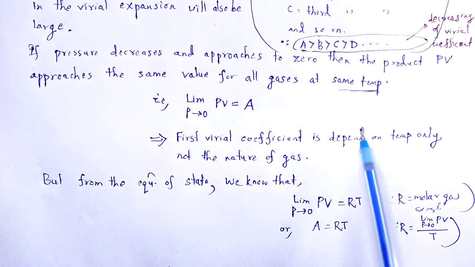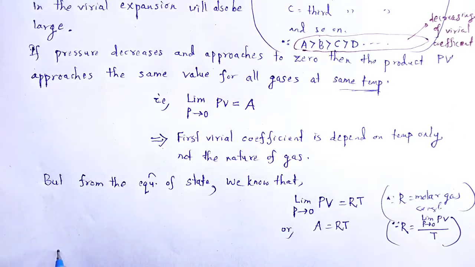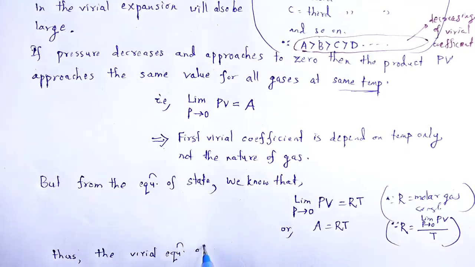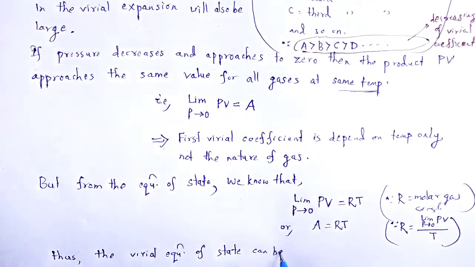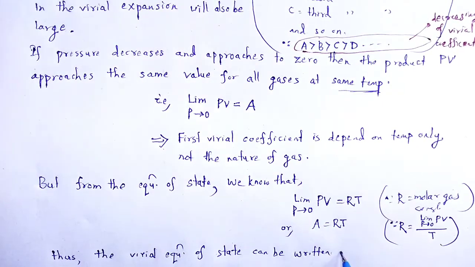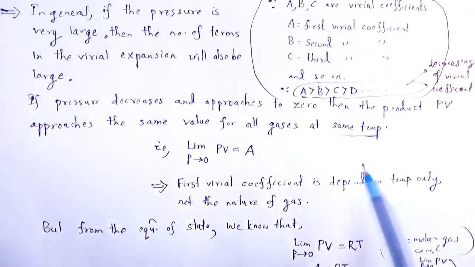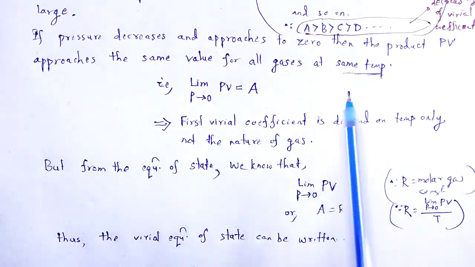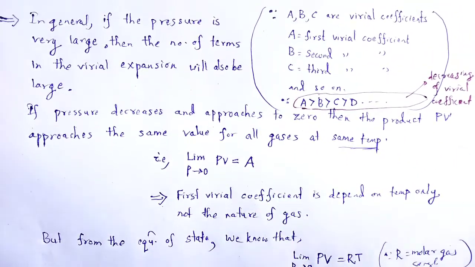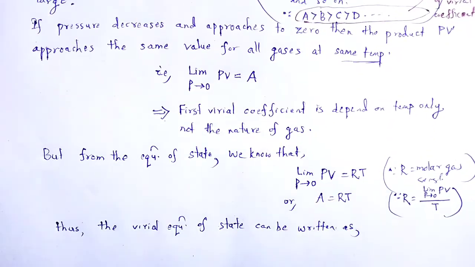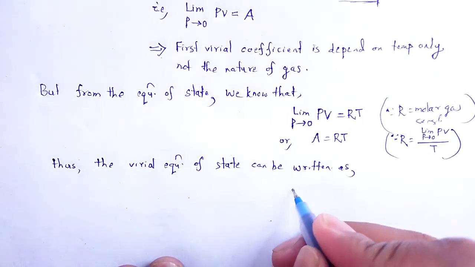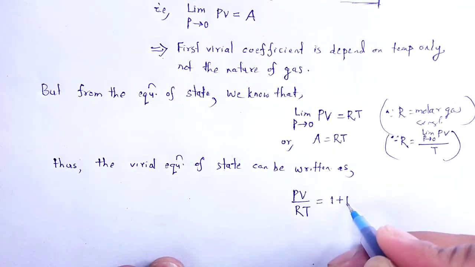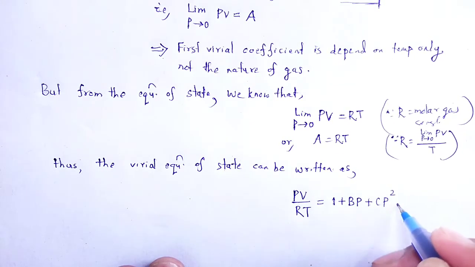Thus, the virial equation of state can be written as PV is equal to RT times the limiting value, so we write PV by RT is equal to 1 plus BP plus CP square plus so on.